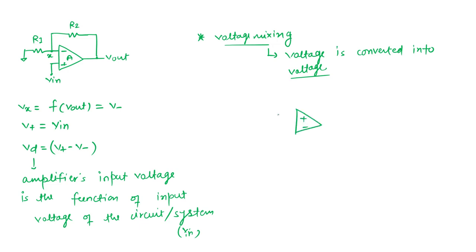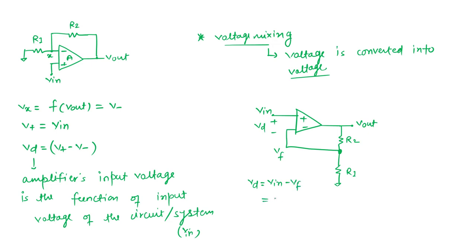This is my input, R2. I think this particular structure we have seen many times in CTQ 11. Instead of output here, my output is here. If I call this feedback voltage, this difference voltage is nothing but input voltage minus the feedback voltage.